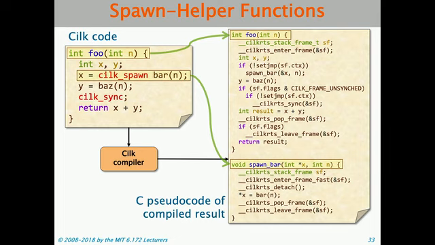It's got a bunch of stuff in it, and we'll figure out what that's doing in a second. But there's a second function, and that second function is the spawned helper. And that spawn helper actually contains a statement which calls bar and ultimately saves the result. Make sense? Now we're starting to understand some of the confusing C pseudocode we saw before.